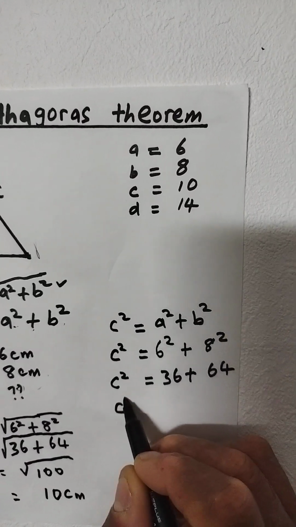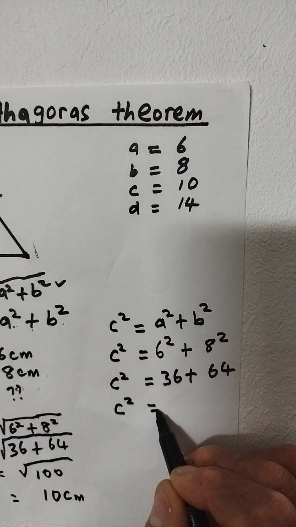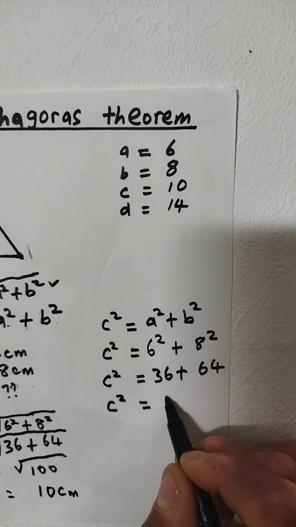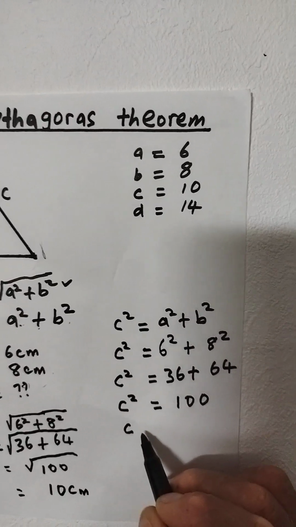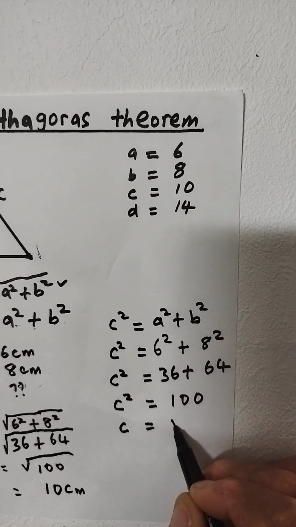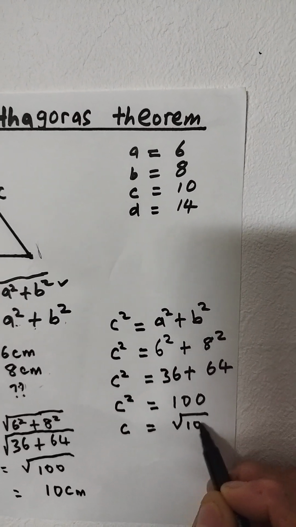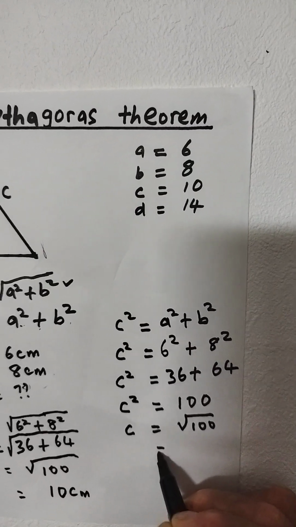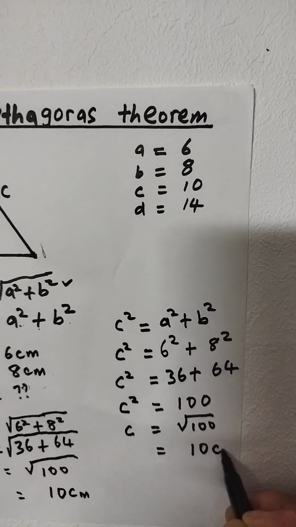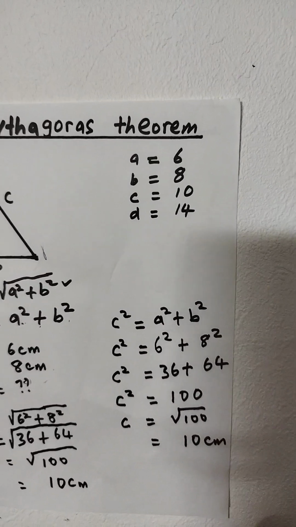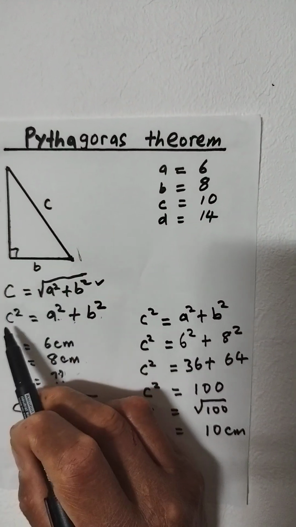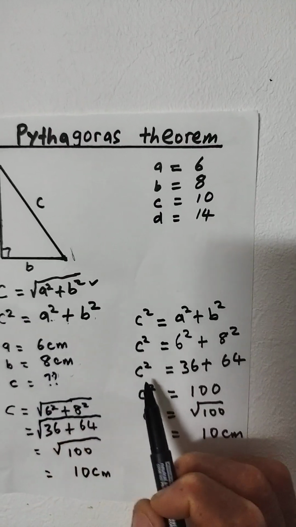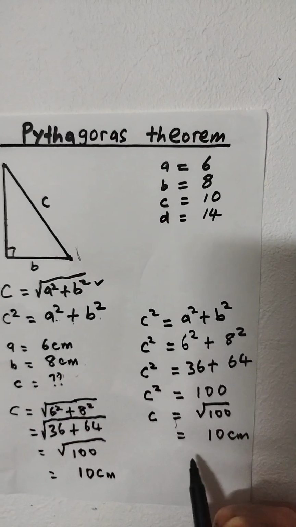So C squared is equal to 100. C is equal to the square root of 100, which is equal to 10 centimeters. So you can see, whichever formula we use, the first formula or the second formula, we are still going to arrive at the same answer, 10 centimeters.